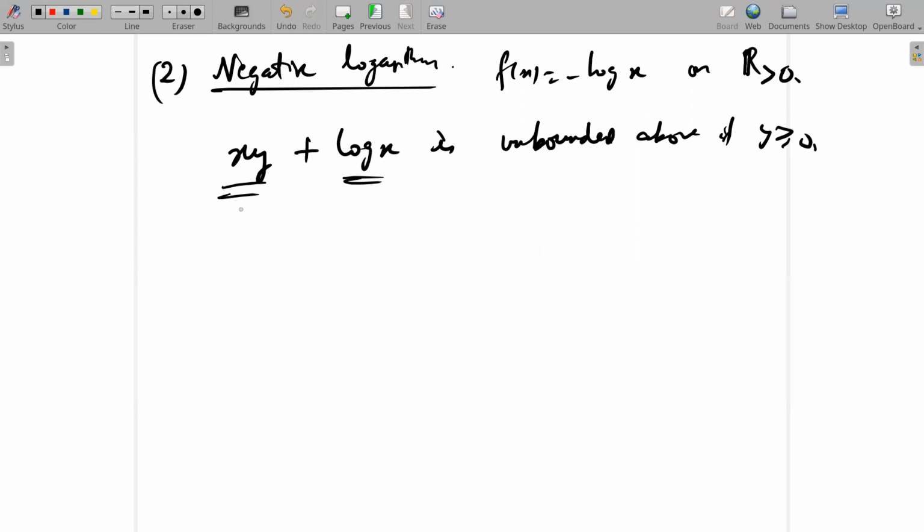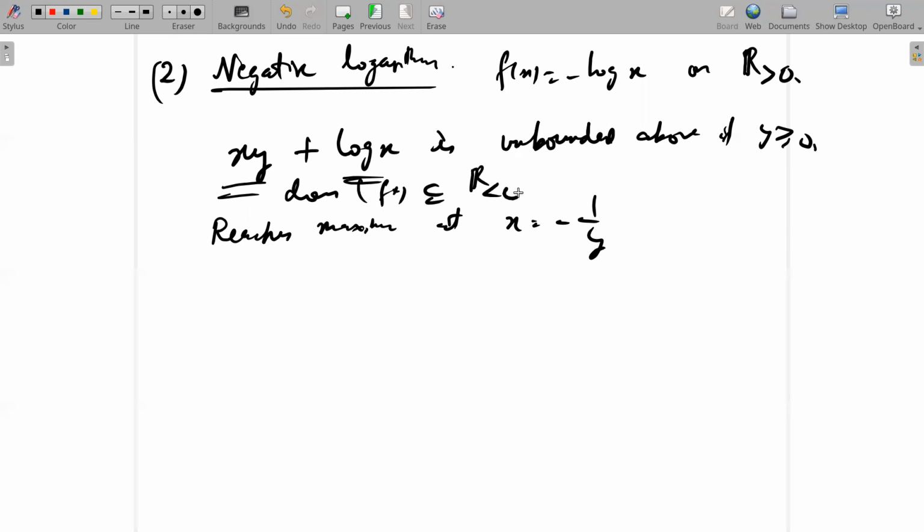So this reaches maximum at x equals minus... So the domain of, let's say, f star is contained in R strictly less than 0. Here, when I say f star, it's a function of y.